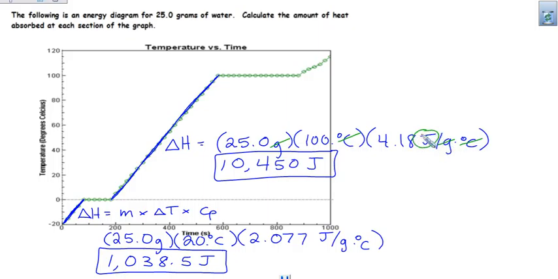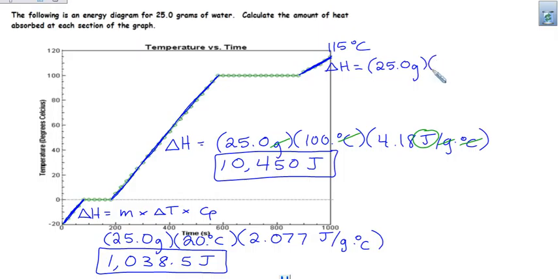Nice. And we can also use this equation way up on top in the gas phase. So, oh boy, let's say this is maybe like 115. It's definitely less than 120. So we'll kind of estimate. Plug and chug, same equation. 25 grams is my mass.